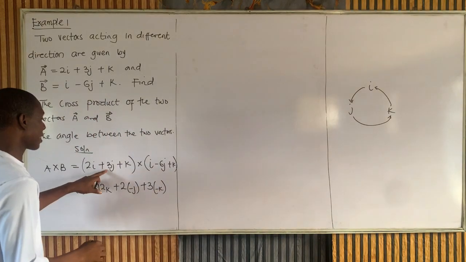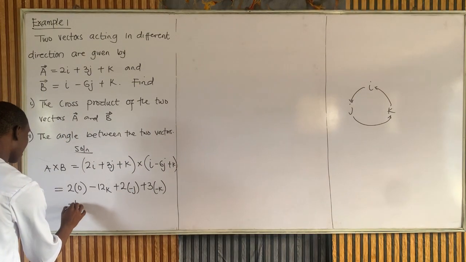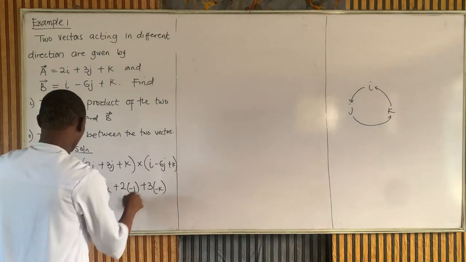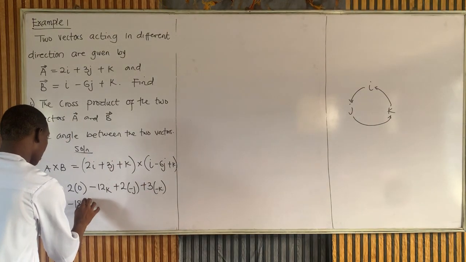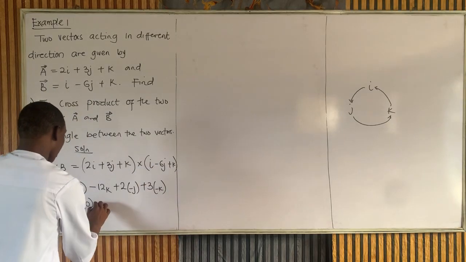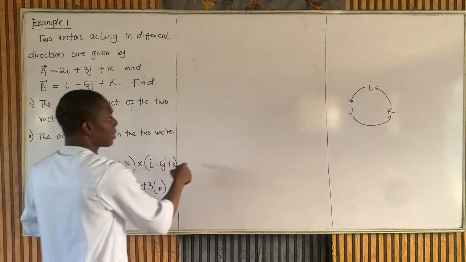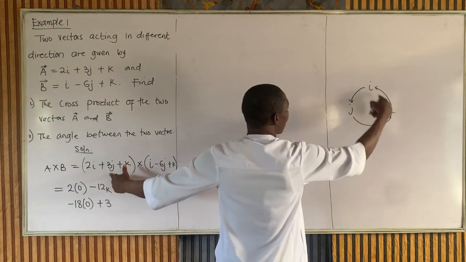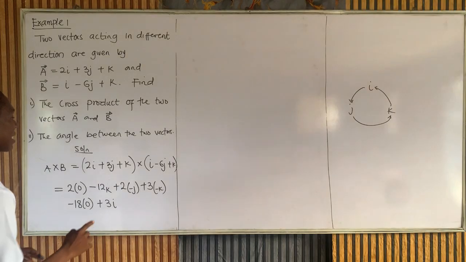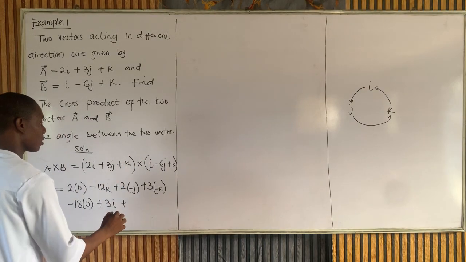Then again, that same 3 again, 3 times minus 6, that's minus 18. And then j cross j, that will give you 0. Now, 3 times 1, that's 3, and j cross k will give you I. Now lastly, let's go with the k. 1 times 1 here, that's 1.